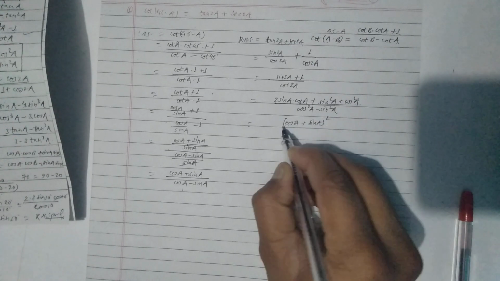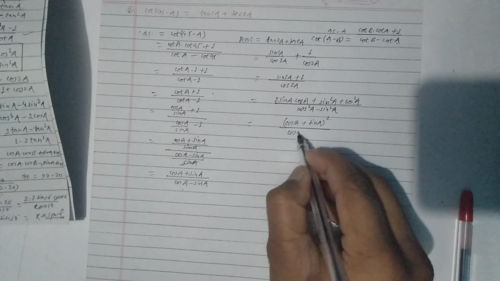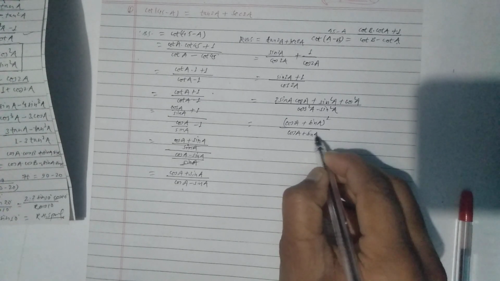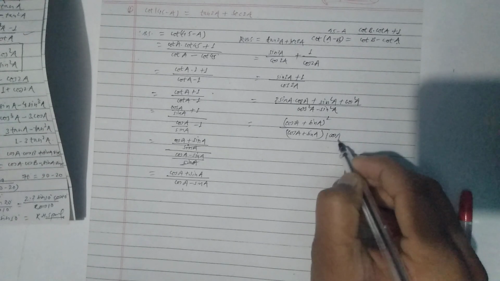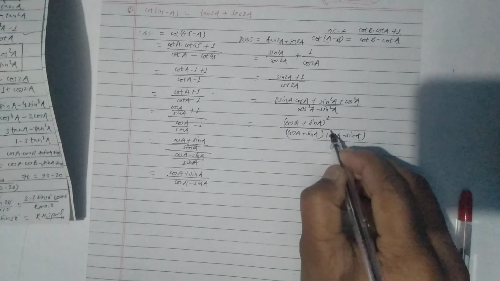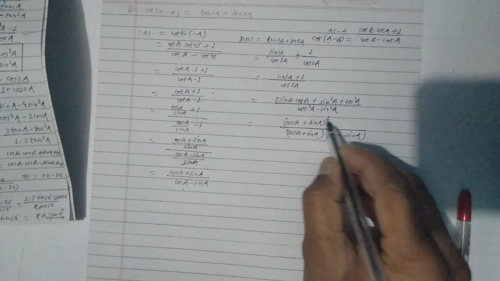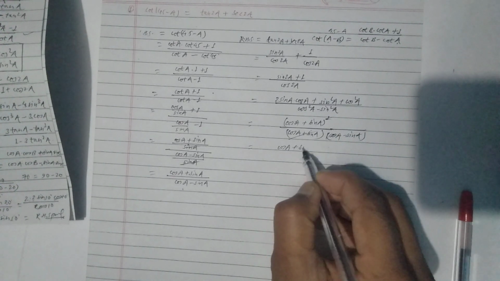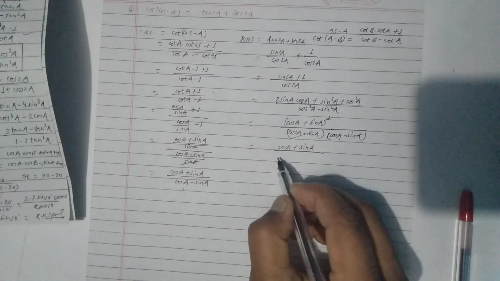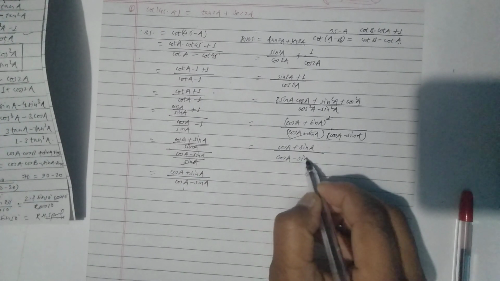Now we apply a² minus b² equals (a plus b)(a minus b). These two will cancel out. The remaining is (cos a plus sin a) upon (cos a minus sin a).